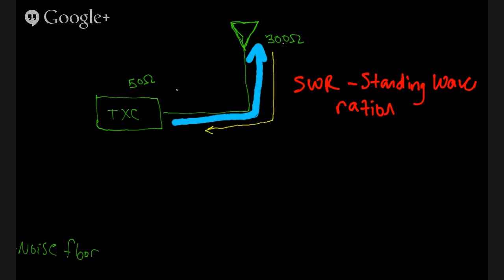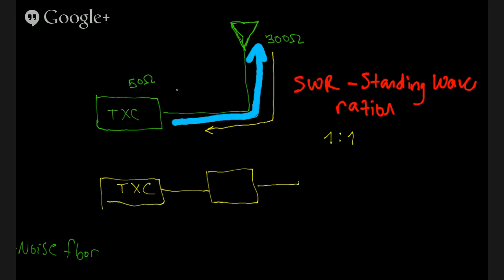A perfectly matched load with the same impedance on either side has a standing wave ratio of 1 to 1. All the power going in gets radiated, and we can measure, the simplest way to measure is in between a transceiver and antenna is to put a device called an SWR meter, aptly named.